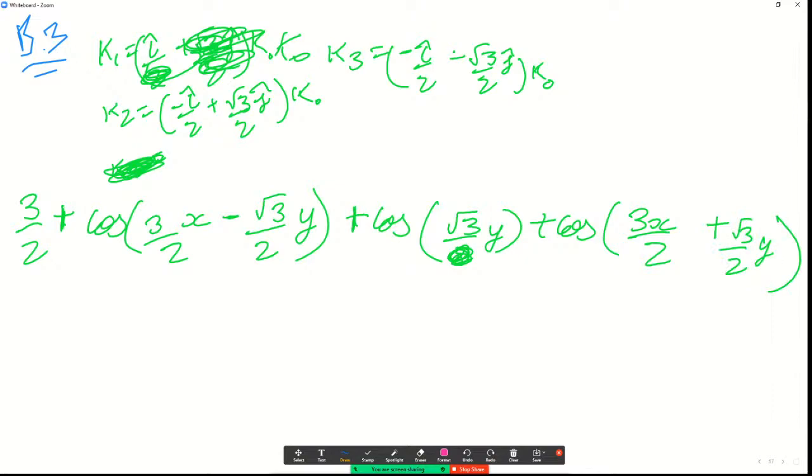So now we have to find x and y where we can get pi over 2, meaning we can get this quantity as 1 for the values.